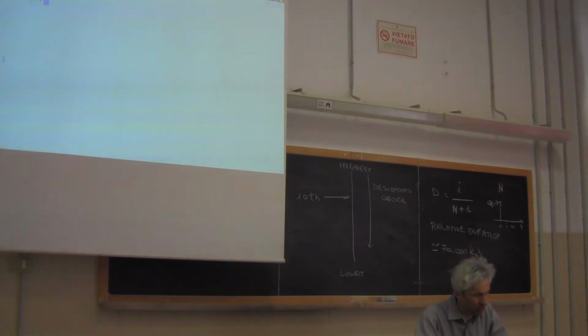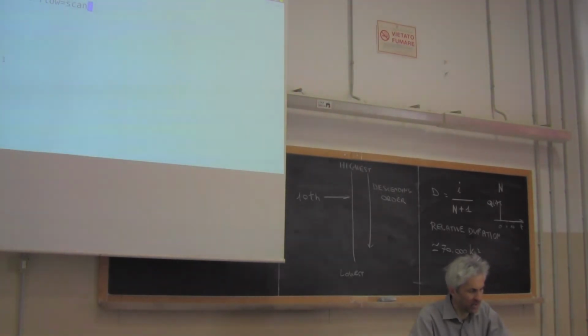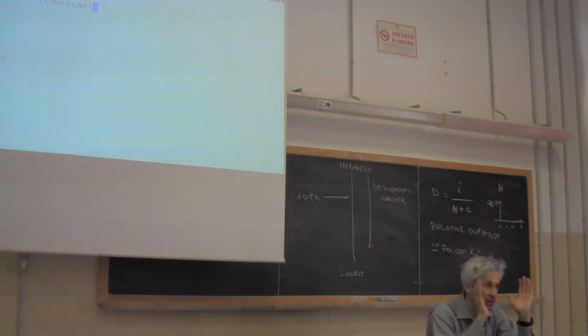Po River flow. This is the name of a variable. You can decide whatever name you want. Equal to. Let's try to use this function, scan. Scan, it's intuitive what it means. It means please scan something.